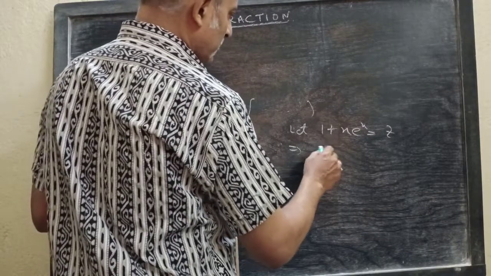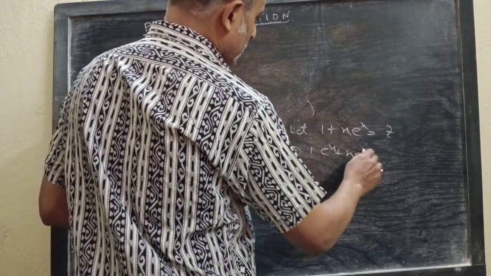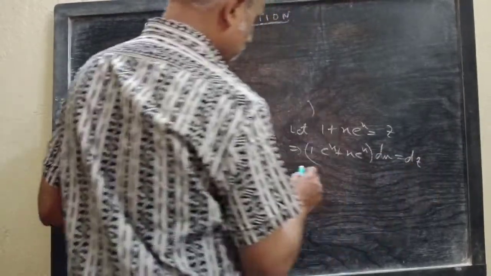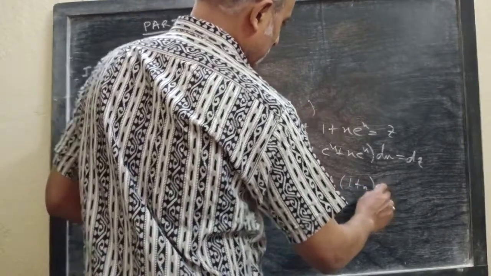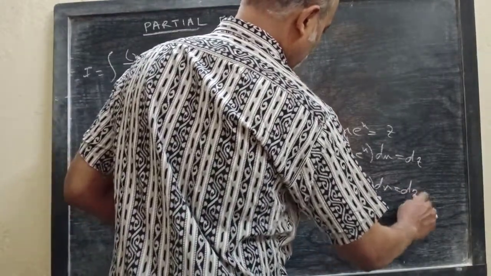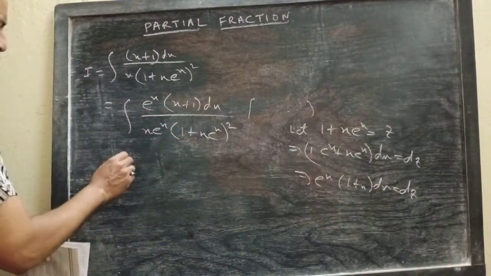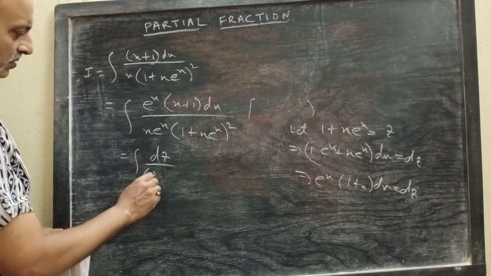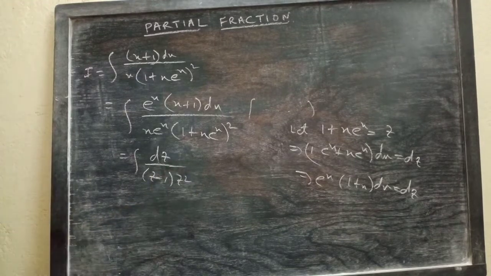Then taking differential, (1 plus x) into e to the power x dx equals dz, so (1 plus x) e to the power x dx equals dz. So the numerator becomes dz, this becomes z minus 1 and this is z square.